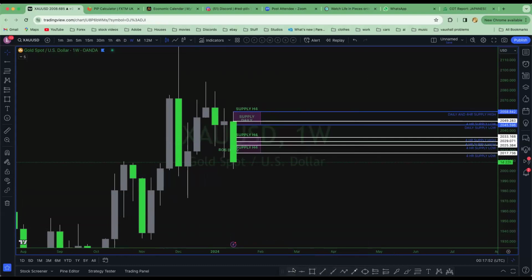So here, we're going to go to this point here. And we're always going to look at any previous weekly low if we're looking at sell trades. Obviously, it's the supplies, so we're looking at sells. And if we're looking at buy trades, we're going to look at any previous weekly high. Now, the reason for that is at every single weekly candle, there is liquidity at the high or the low of the candle. There's always liquidity resting at the high or the low of any weekly candle, because it's obviously where price action went to the lowest point in that week and reversed or went to the highest point.